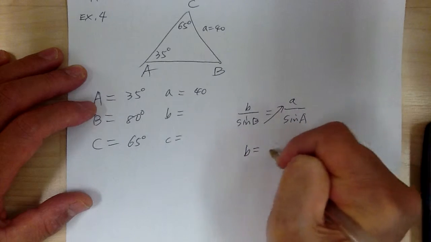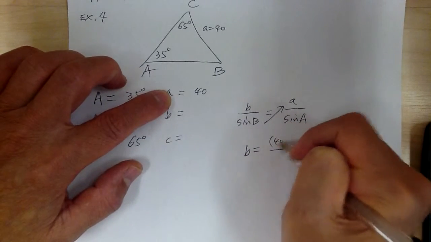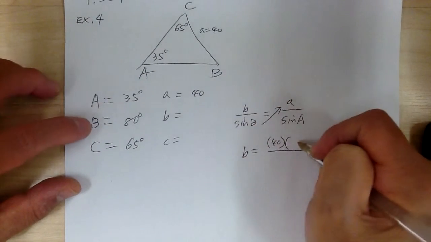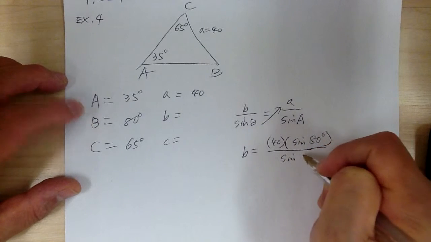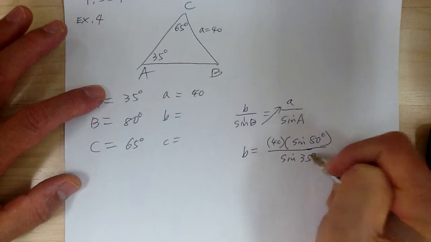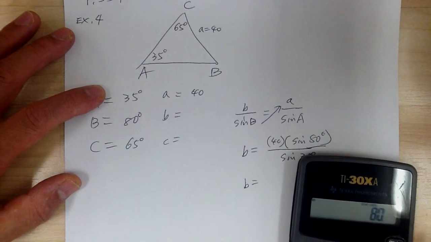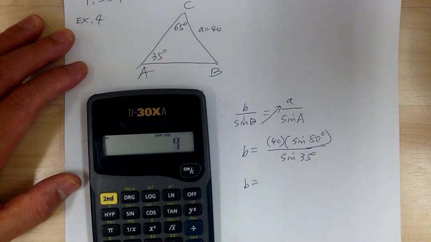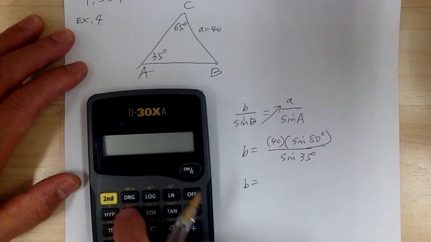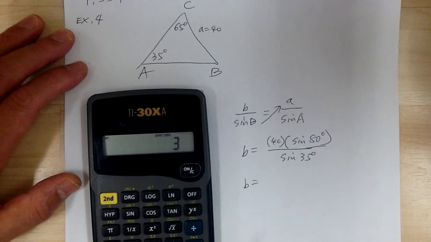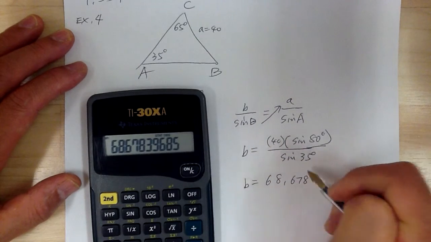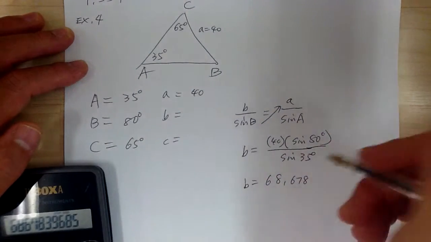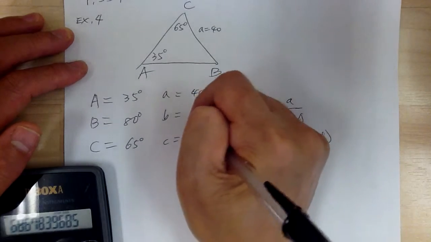So b equal to 40 times sine b over sine a. So b equal to 40 times sine 80 divided by sine 35, so 68.678. And again, we can just go and round it off to 69.